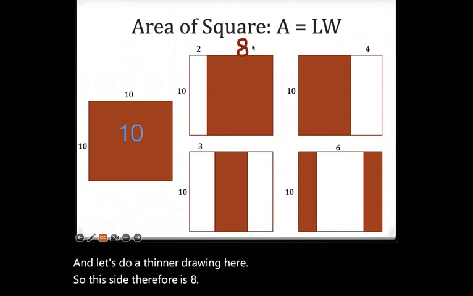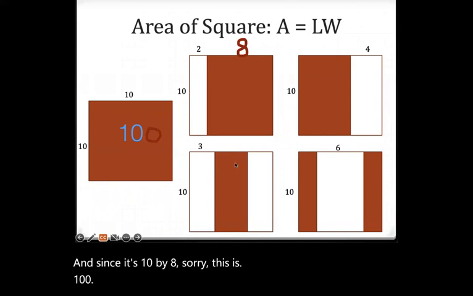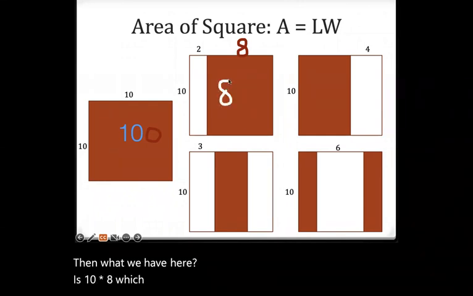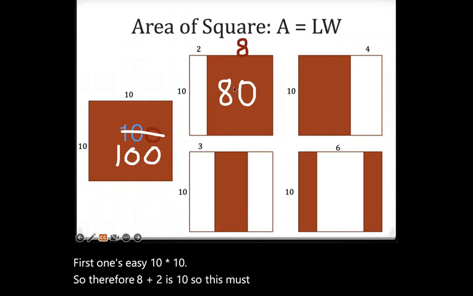And since it's 10 by 8, what we have here is 10 times 8, which is 80. 8 plus 2 is 10, so this must be 8. 8 times 10 is 80.